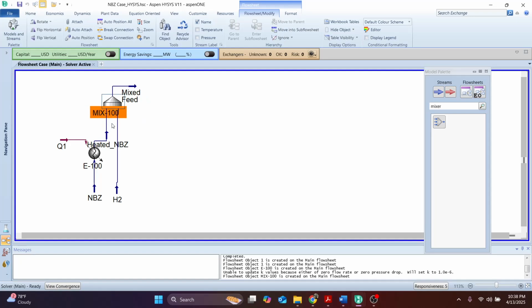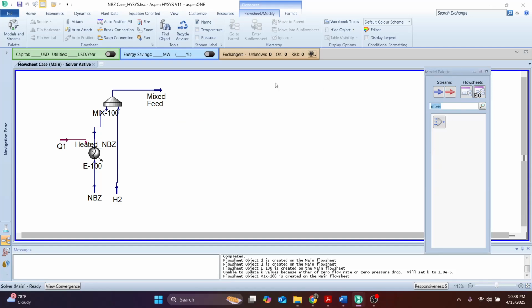Now it's looking really messy. Okay. Still looking good. Now remember, because we mix the hydrogen at room condition, 24 degrees, and the nitrobenzene is already preheated, there will be a change in temperature of the mixed feed, which is about 214 degrees Celsius.